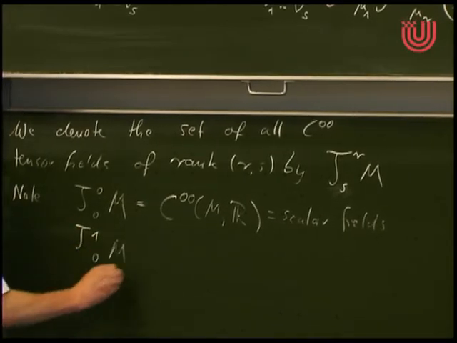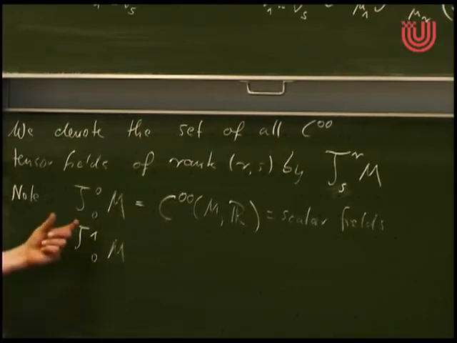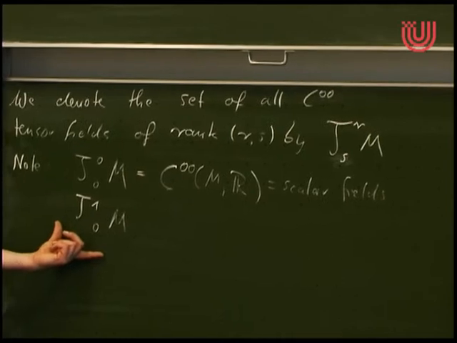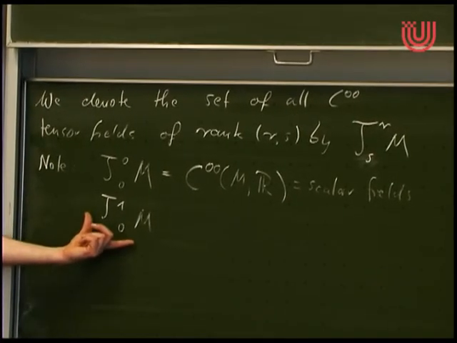T 1,0 is what? There's another word for these things. How do we call the elements in this set? There's one upper, one lower index. You're smiling. Okay, you're not yet accustomed to all this.